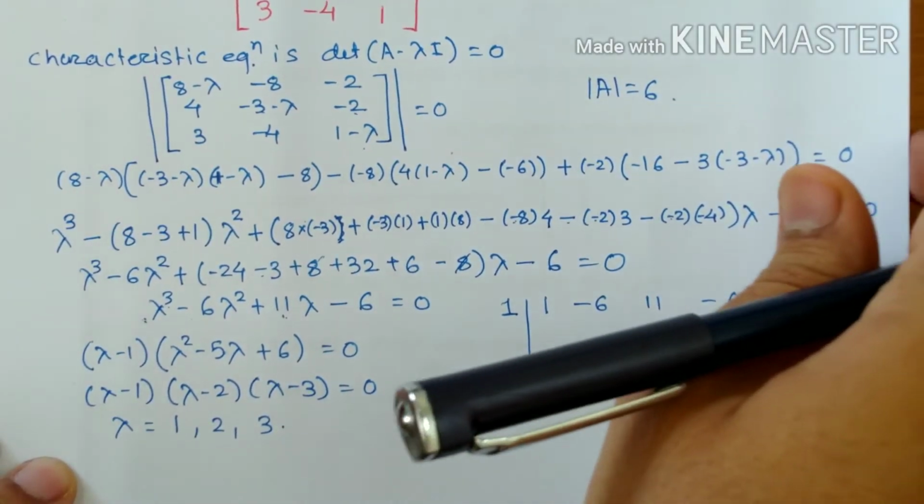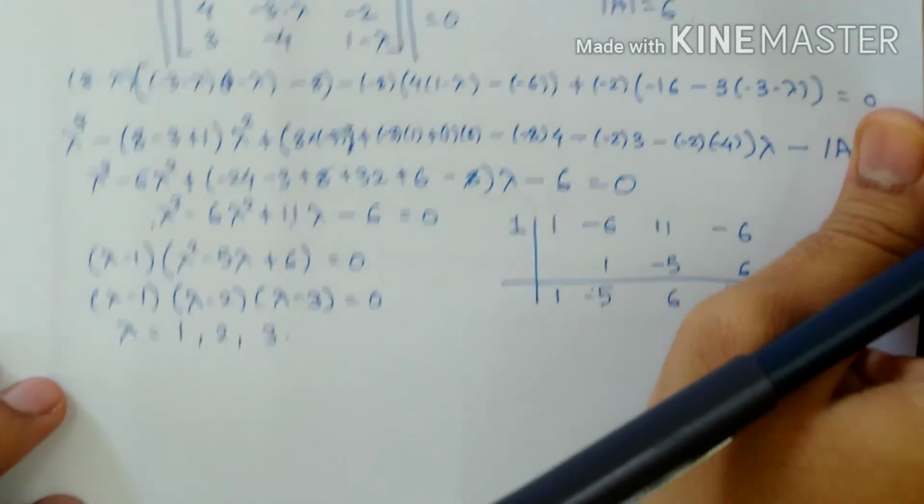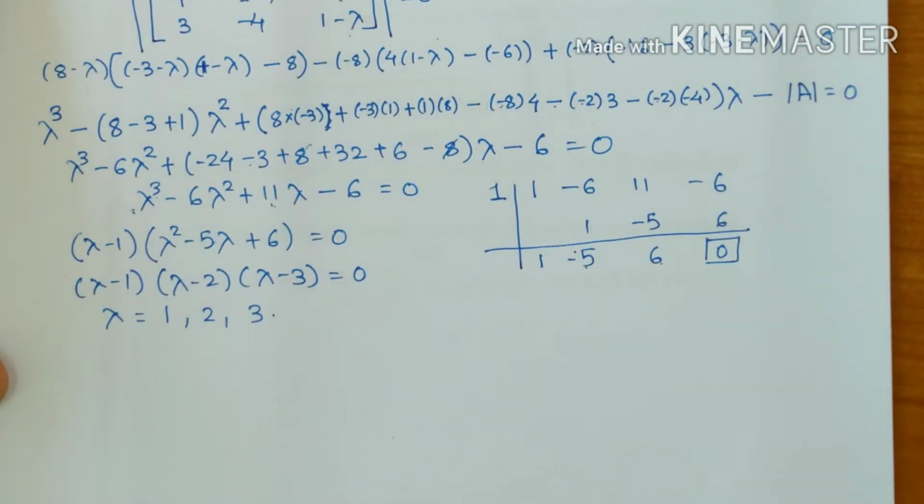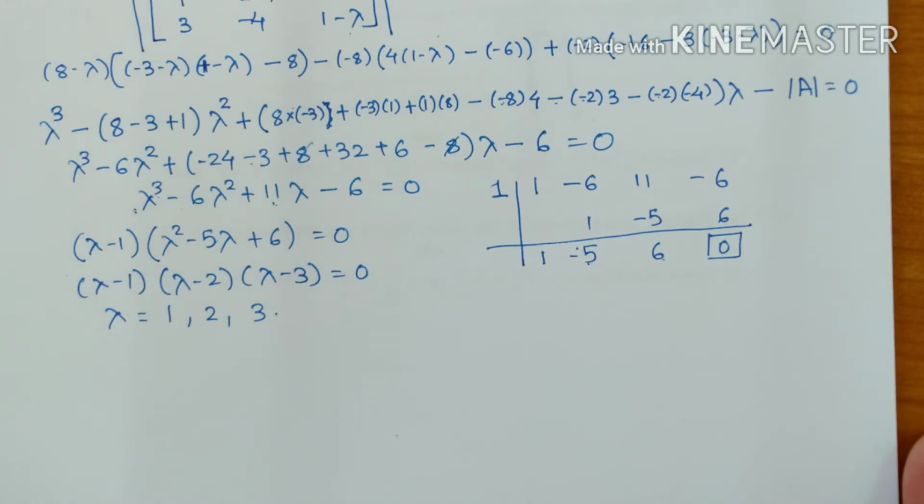Now to find the eigenvectors corresponding to lambda is equal to 1, lambda is equal to 2 and lambda is equal to 3, in today's lecture, I will explain the actual method of calculating the eigenvectors.